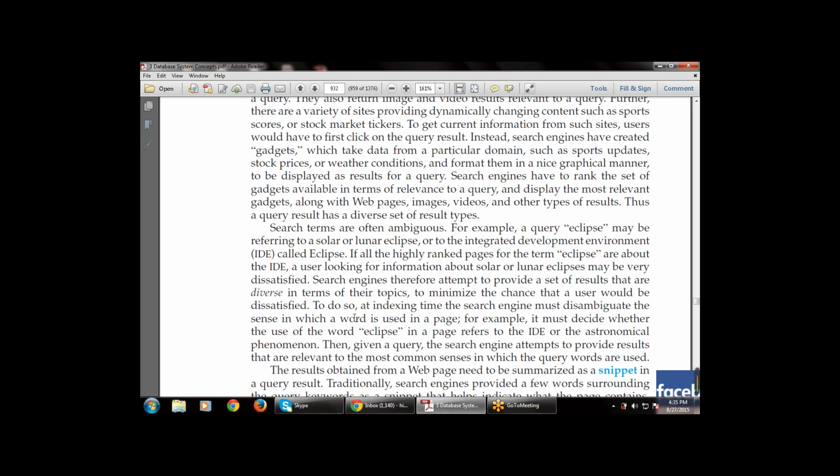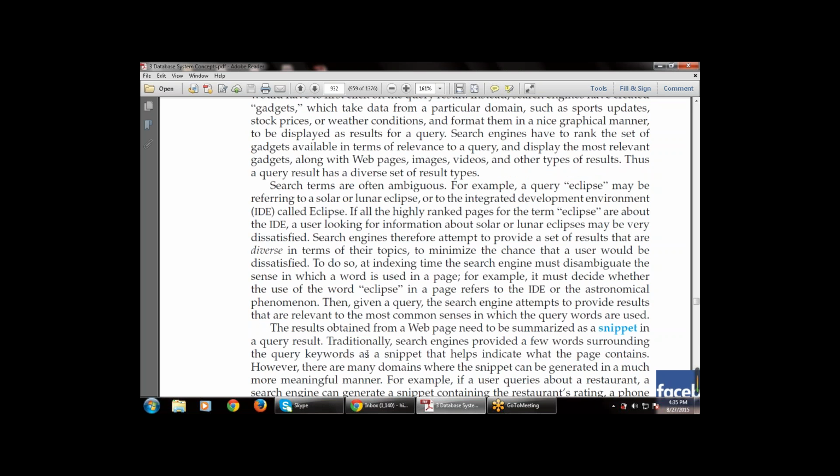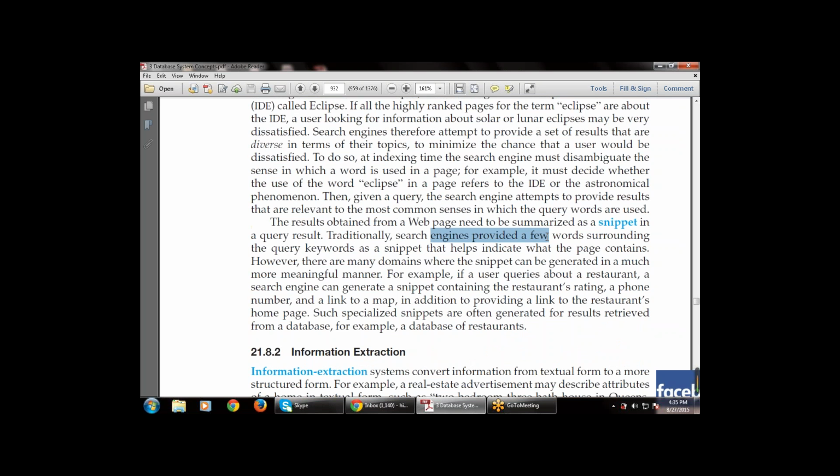Therefore, given a query, the search engine attempts to provide results that are relevant to the most common senses in which the query words are used. The results obtained from web pages need to be summarized as a snippet. Traditionally, search engines provide a few words surrounding the query keywords as a snippet that helps indicate what the page contains.